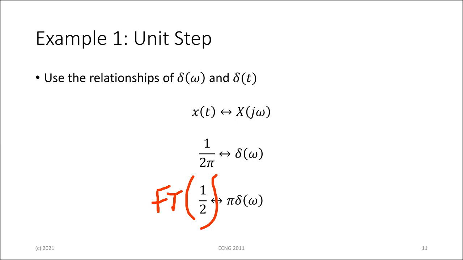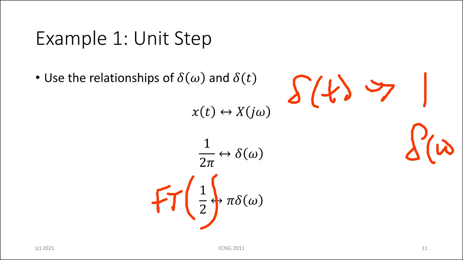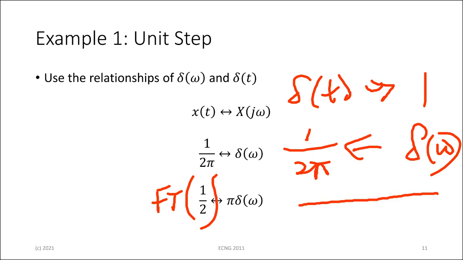So to complete it, an impulse in time gives me a 1 in frequency. An impulse in frequency gives me a constant, in this case a 1 over 2 pi in time. So in other words, a constant 1 over 2 pi for all time. If I take the Fourier transform of that, I'm going to get an impulse at omega 0.